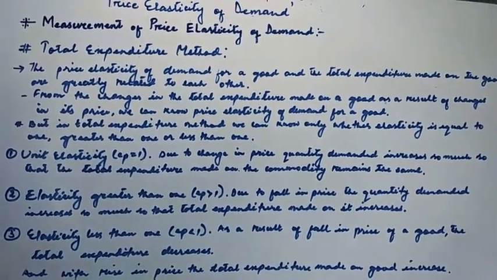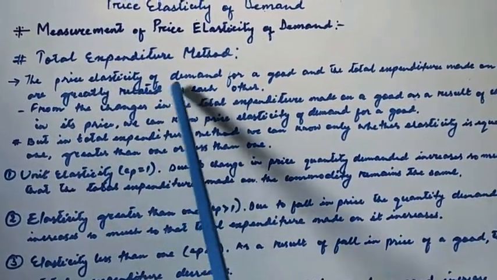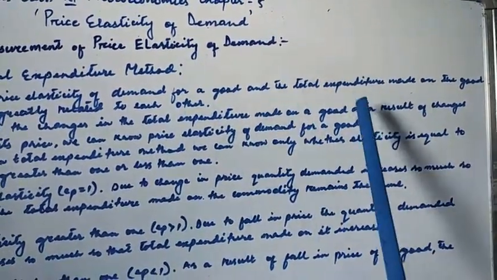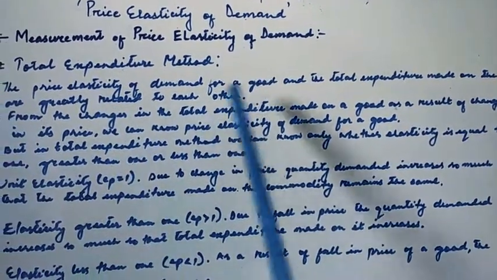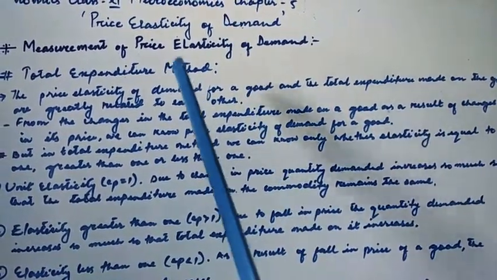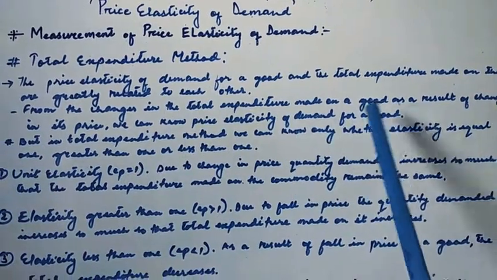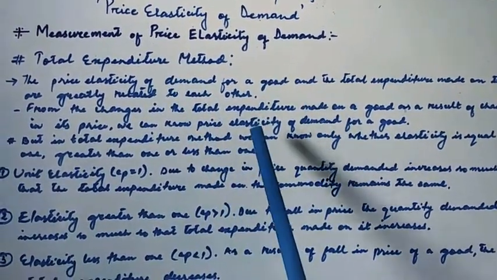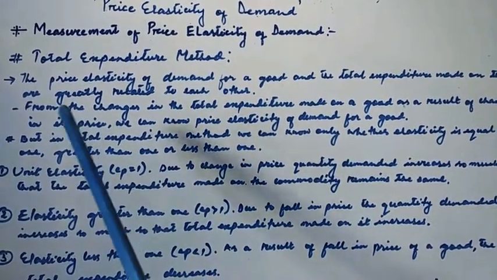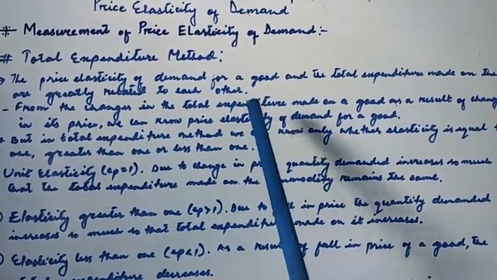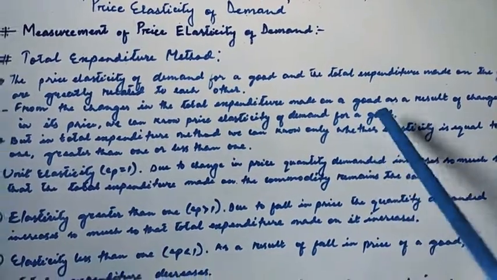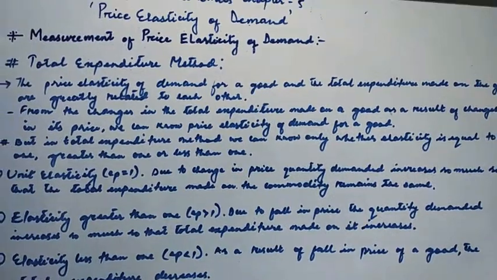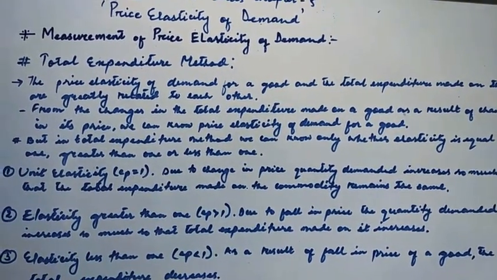As it is given here, the price elasticity of demand for a good and the total expenditure, both these are related to each other. Why? Because from the changes in the total expenditure made on the good, because of the change in its price, we can find out the price elasticity of demand for a good.